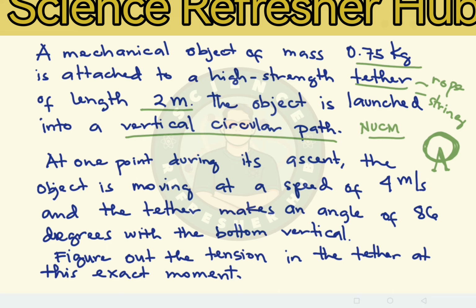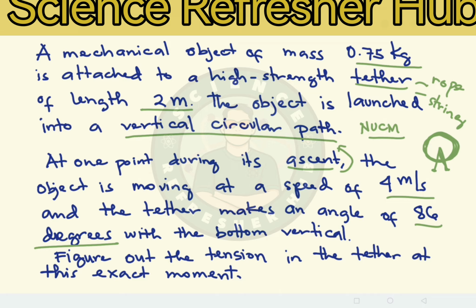This time it's not a Ferris wheel, it's a tether or a rope or a string attached to this mass of 0.75. At one point during its ascent, or going up, the object is moving at a speed of 4 meters per second, and the tether makes an angle of 86 degrees with the bottom vertical. Figure out the tension in the tether at this exact moment.